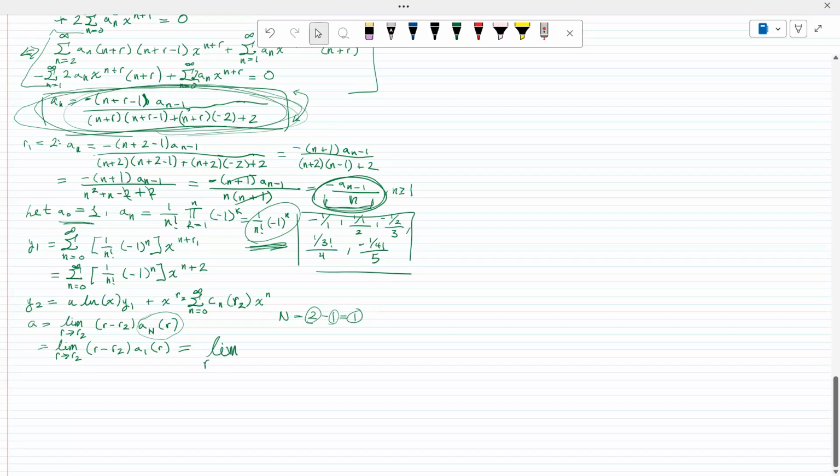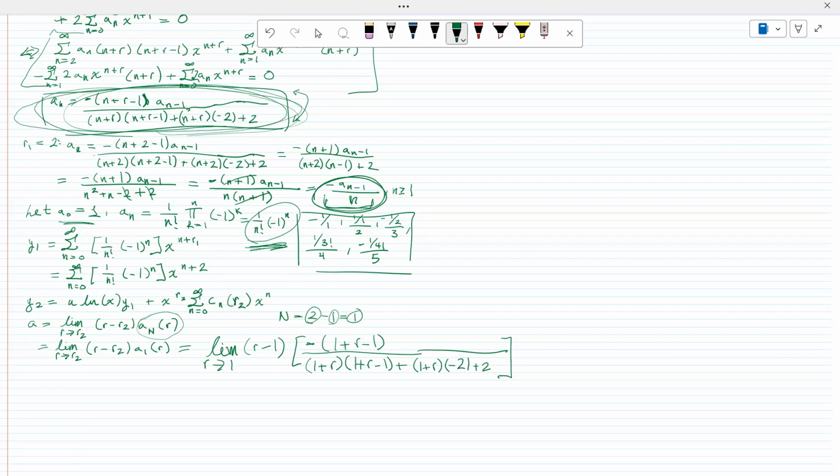So this is equal to the limit as r approaches 1, so this is just r2, of r minus 1 times negative 1 plus r minus 1 times a naught, which we know is just 1, so we could just leave that be, divided by 1 plus r, 1 plus r minus 1 plus 1 plus r times negative 2 plus 2.